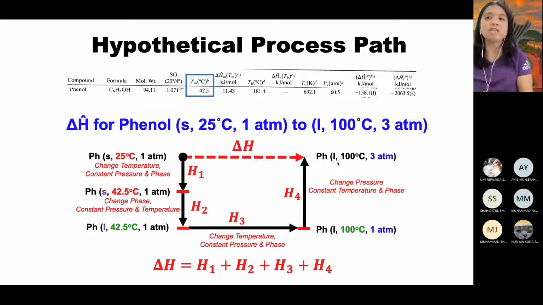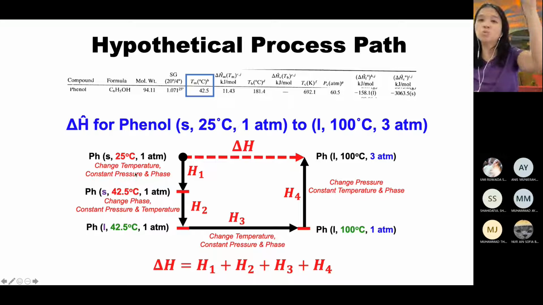Barulah phenol solid jadi phenol liquid. So, the first path, saya kena ubah suhu dulu, bawa kepada suhu takat cair, takat lebur phenol, baru phenol tu akan menjadi liquid. So, first path yang saya buat, I will be phenol solid 42.5 Celsius.